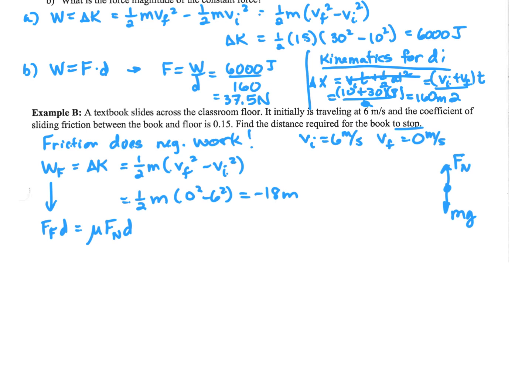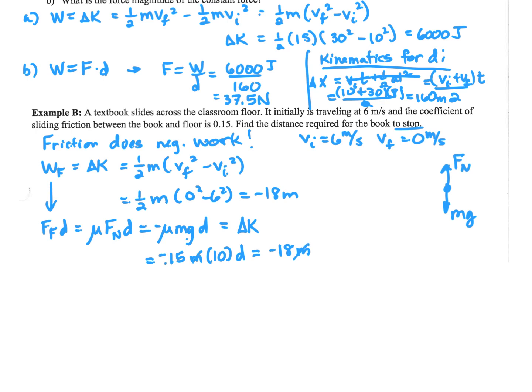Well, what is that delta K? We know what mu is, it's 0.15. We don't know m. We know g is 10. Here's d equals delta K, which is negative 18m. Well, this is negative, isn't it? So we've got m's going away, so yay on that. To find the distance it travels, we simply take that negative 18 and divide it by negative 0.15 times 10.